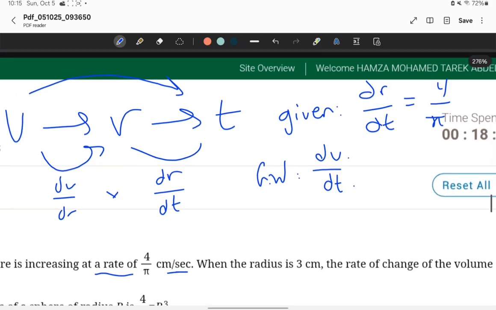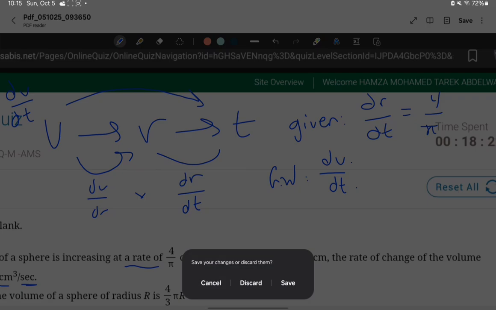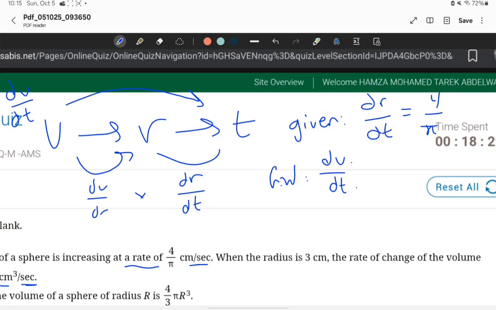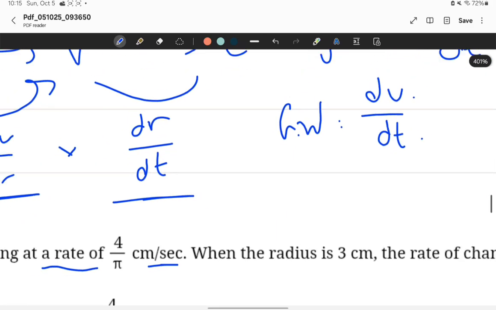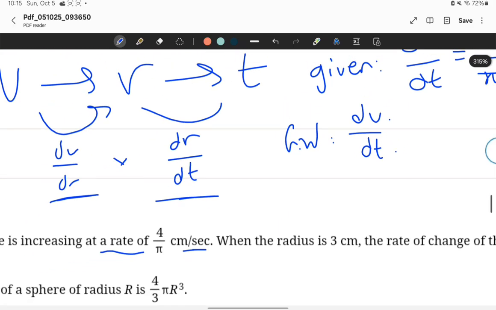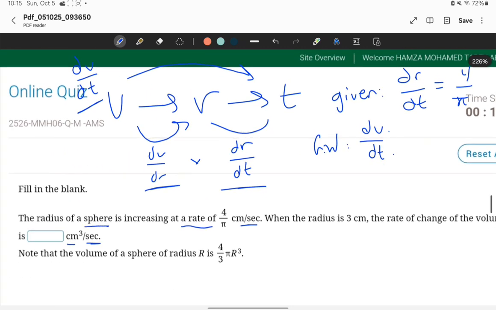Okay, so let's get our equation. We know that dv over dt, what we want to find, is going to be dv over dr times dr over dt. So for dv over dr, we just derive the formula for volume. The shape here is a sphere, right?